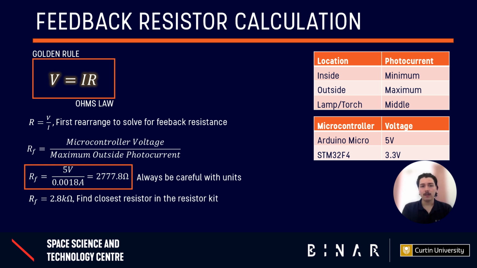For example, if our microcontroller's maximum voltage is 5 volts and our photocurrent is 1.8 milliamps, we first convert the current into amps by dividing by 1000, giving us 0.0018 amps. Plugging these values into the formula, we get R equals 5 on 0.0018, which equals 2777.8 ohms. Since it's impractical to find a resistor with this exact value, we round to the nearest available resistor.